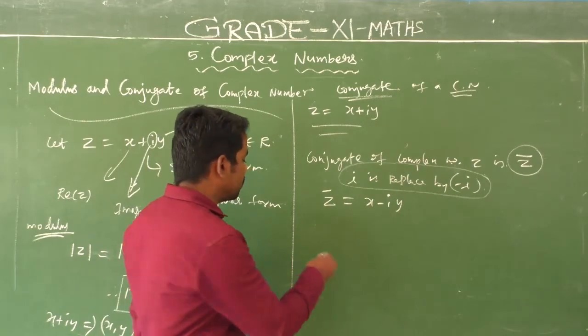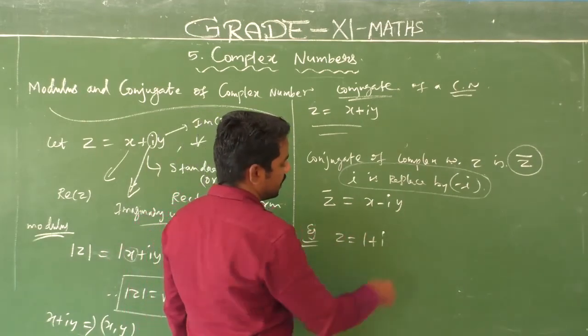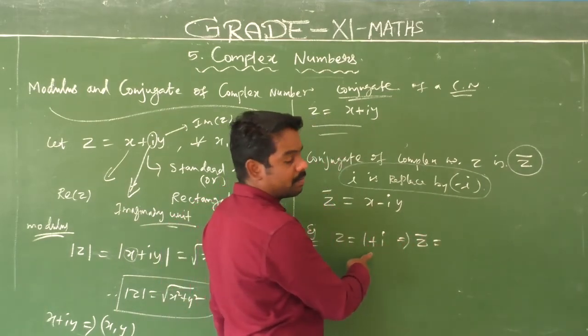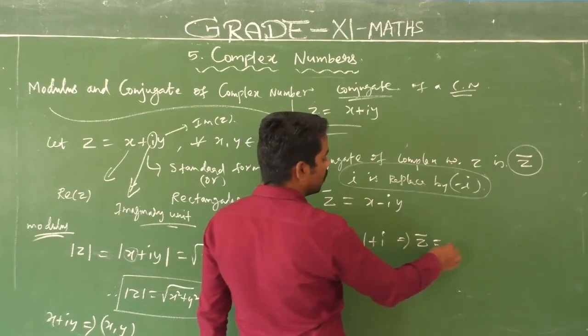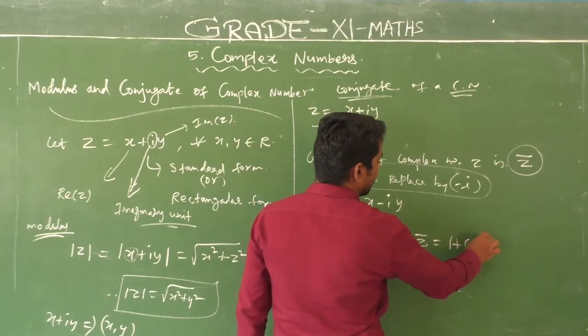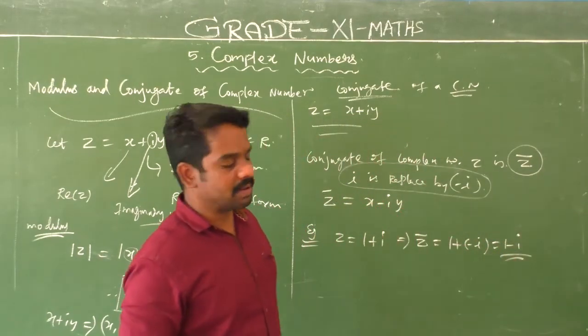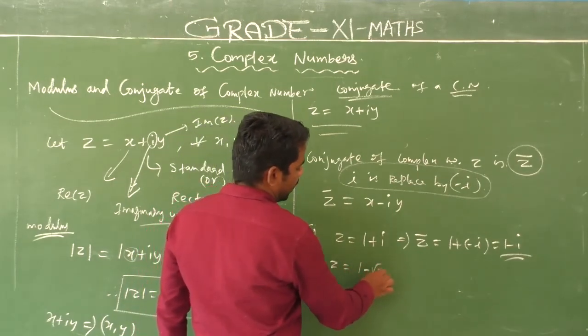For example, z equal to 1 plus i. Then z bar, the conjugate of this complex number, is 1 minus i, since i is replaced by minus i. And z equal to 1 minus root 3 i.